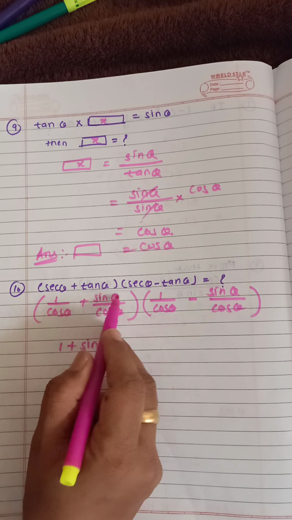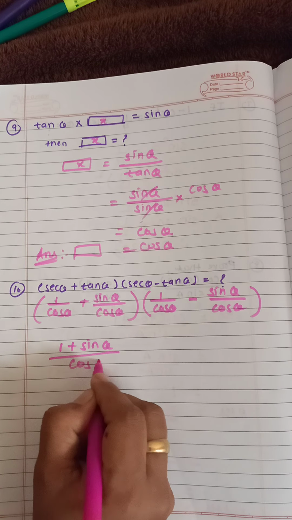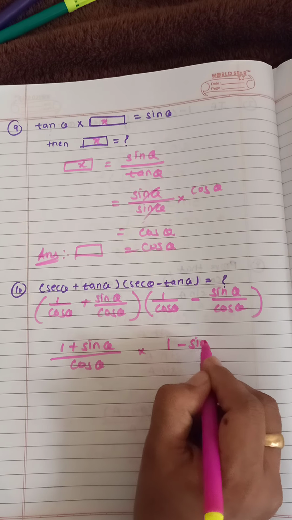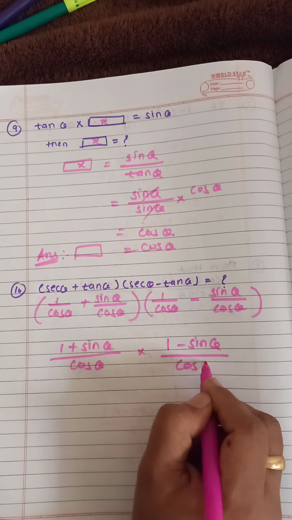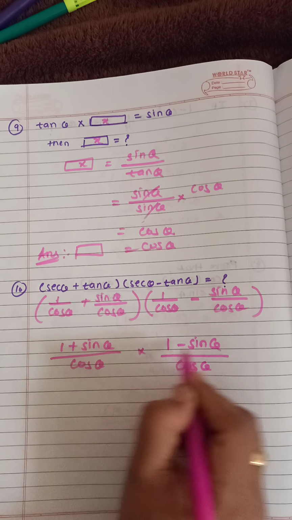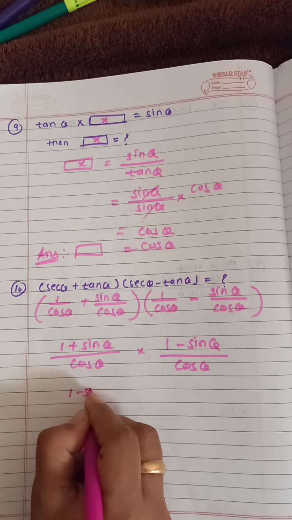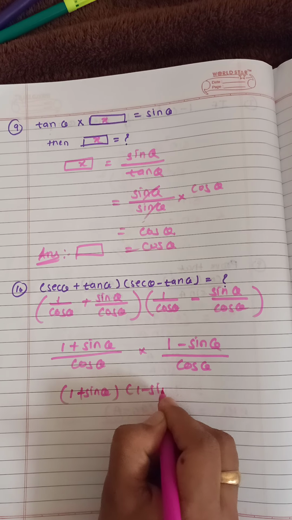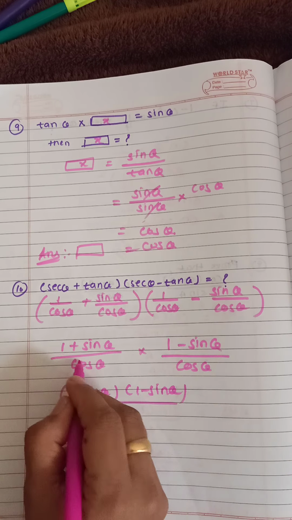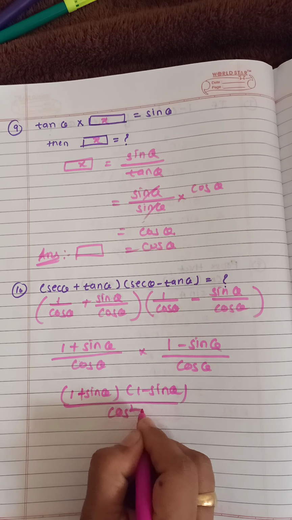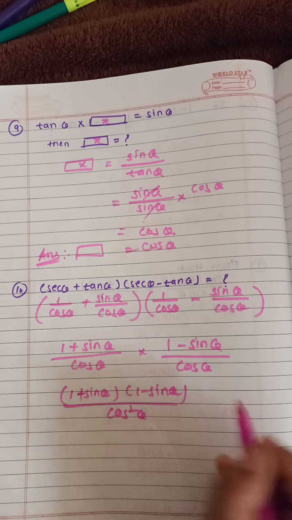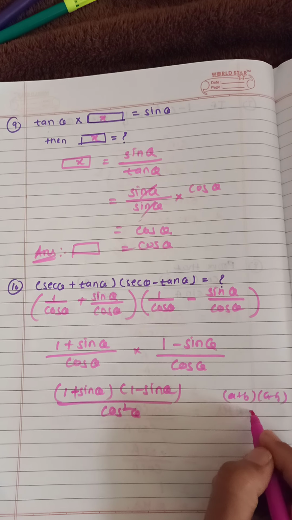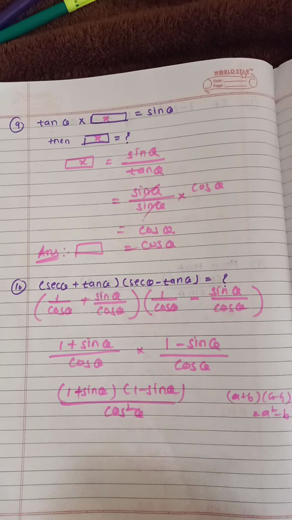This will become (1 plus sin theta) upon cos theta into (1 minus sin theta) upon cos theta. Now we have to multiply this, 1 plus sin theta into 1 minus sin theta upon cos theta into cos theta, which is cos square theta. Now here we'll use the formula of (a plus b)(a minus b), that is a square minus b square.